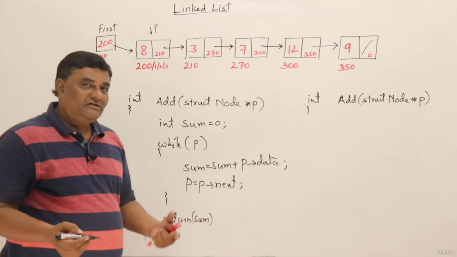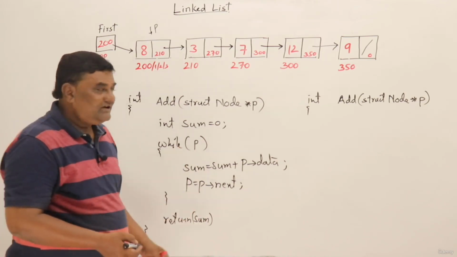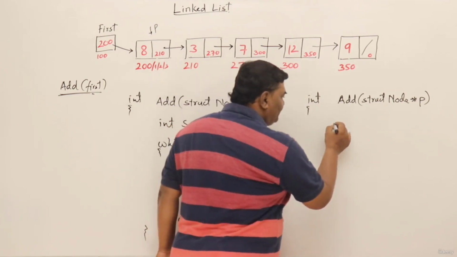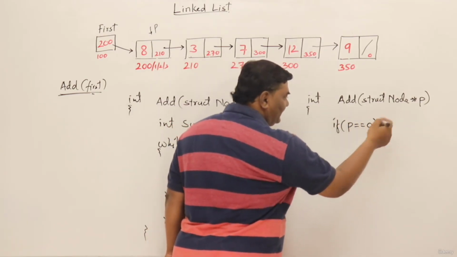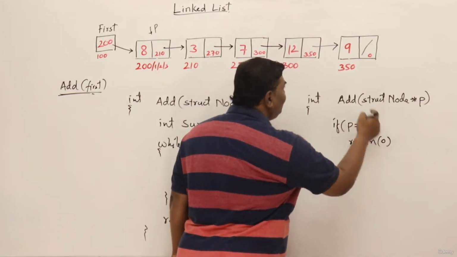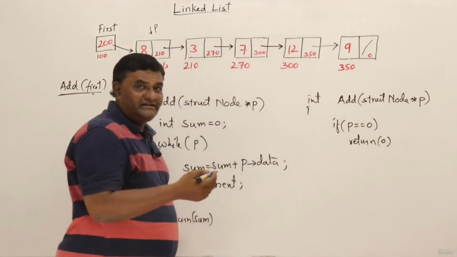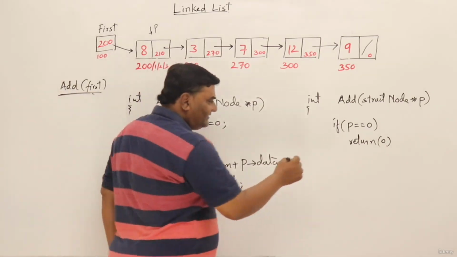In the recursive method, we already saw counting in the previous video, and a similar approach applies. Here I will write the termination condition: if p is equal to 0, that is null, then return 0. If it is null, it means nothing is there, there is no element, so we don't have to add anything. So 0.